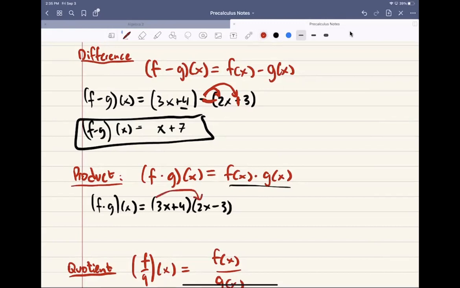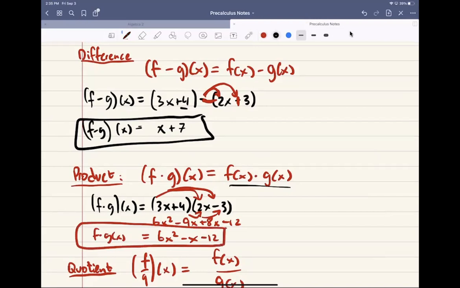So you're going to get 3 times 2, which is 6x squared, minus 9x, plus 8x, minus 12. And then when you evaluate this, you're going to get 6x squared, minus x, minus 12. And that's what f times g of x is equal to.